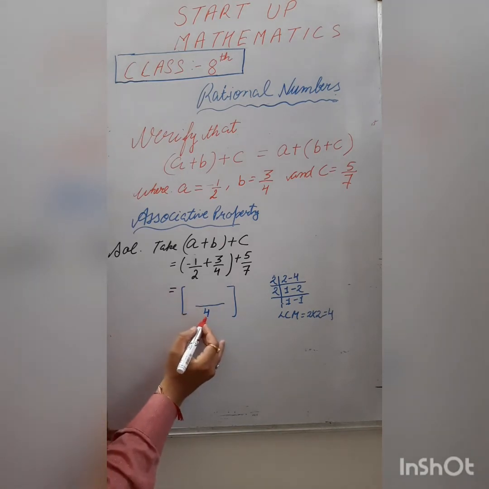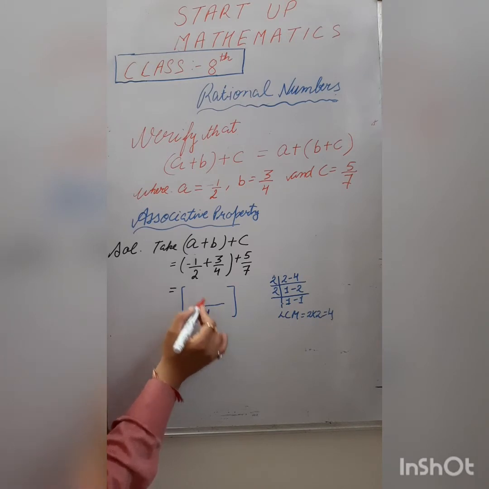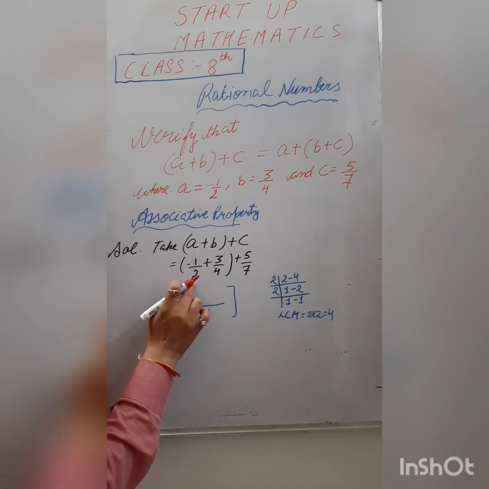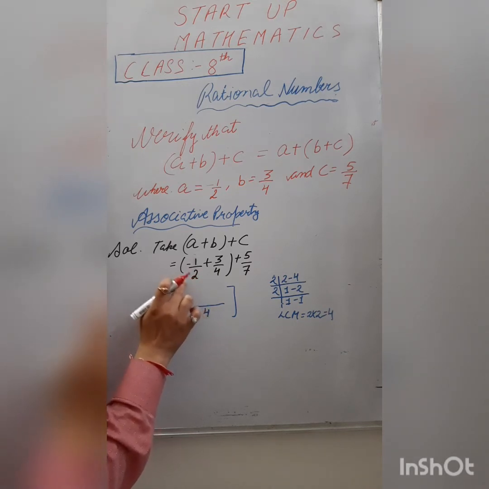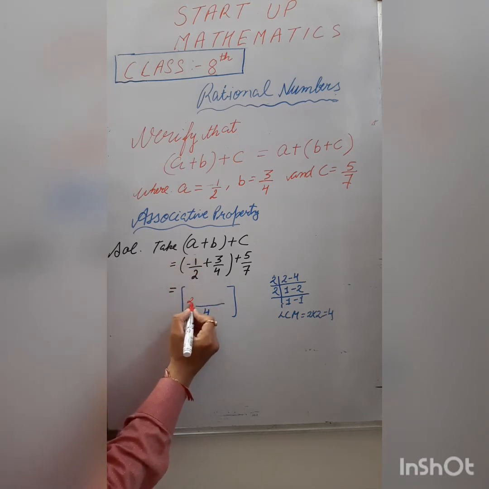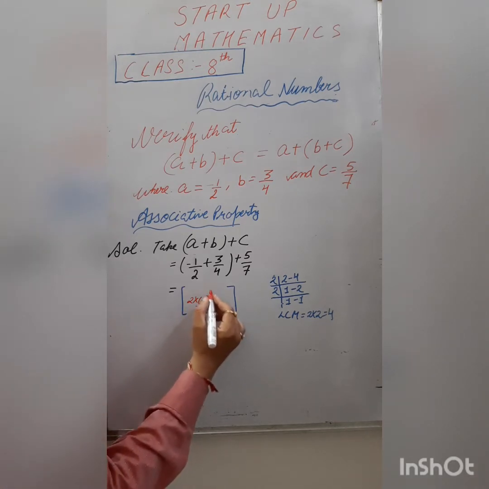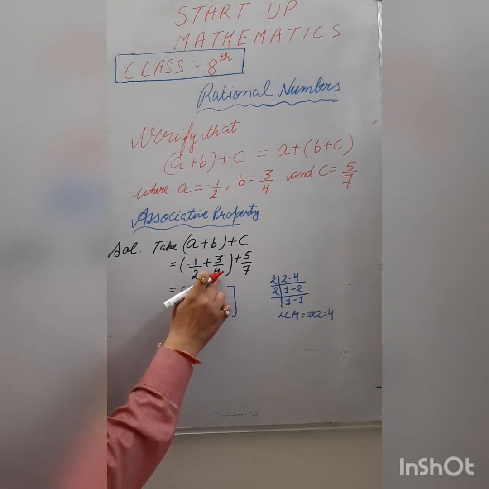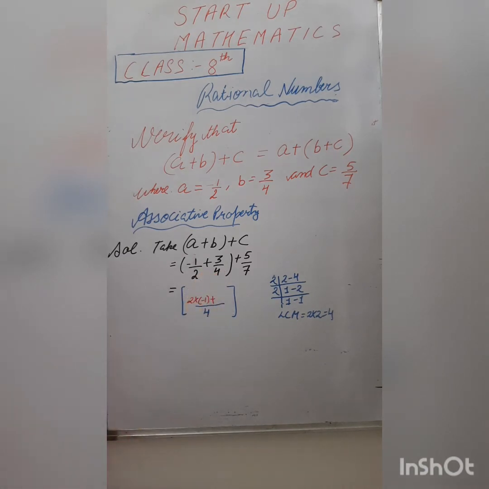And this 4 is to be divided by the denominator of the first rational number. 4 divided by 2, the quotient is 2, which is to be multiplied with minus 1. So it will become 2 multiply minus 1, plus sign as it is. 4 divided by 4: when the same number is divided by the same number, the answer is always 1.